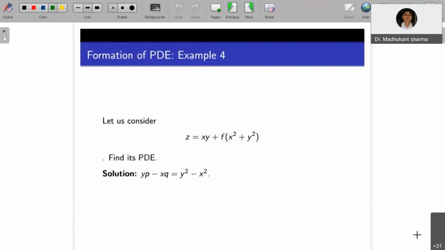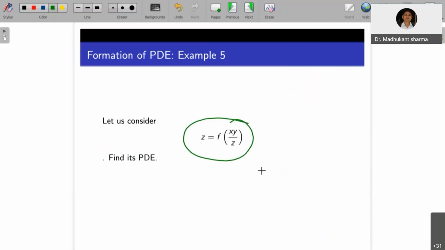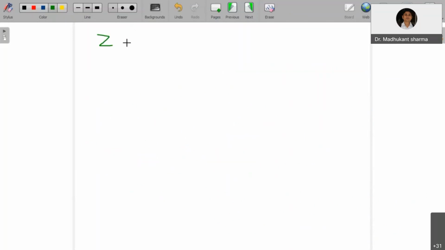Now, in example 5, let us consider the following family of integral surfaces, z equals f of x into y by z. Again, you will proceed in a similar fashion. Z equals f of x into y by z.